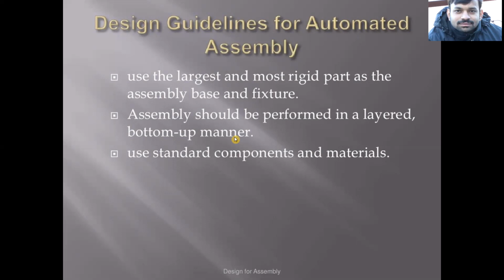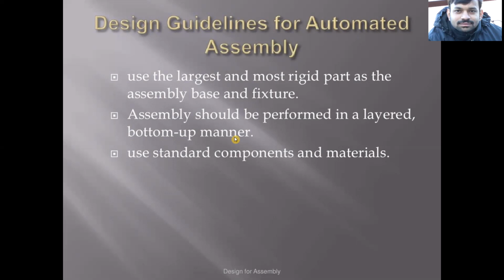Similarly, in the case of automobiles, the chassis is the strongest and most rigid part, so the entire automobile is assembled on the chassis. Assembly should be performed in a layered, bottom-up manner. When we do the assembly in this manner, we tend to make fewer mistakes.